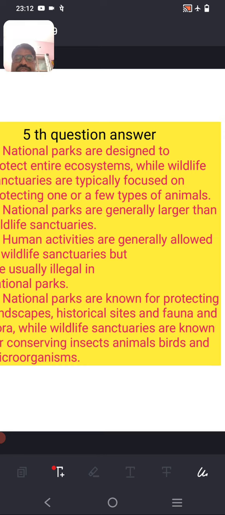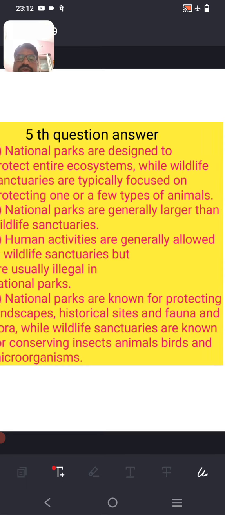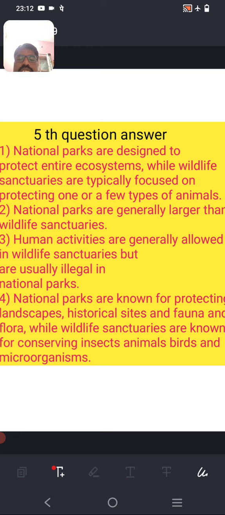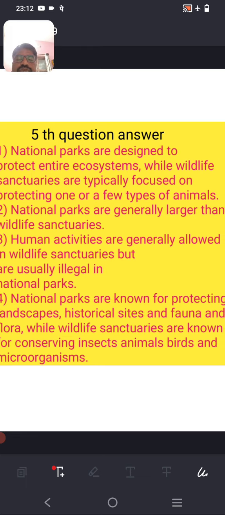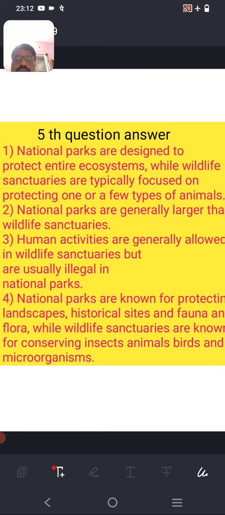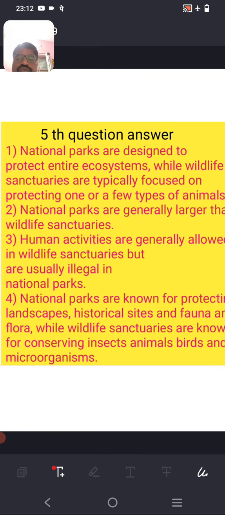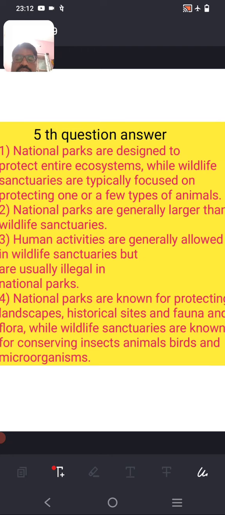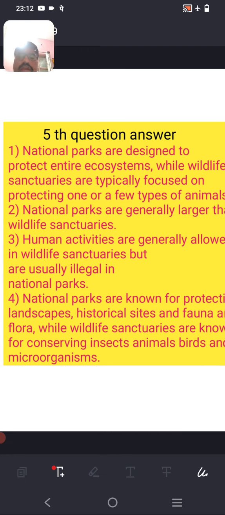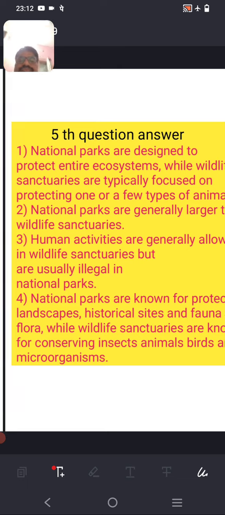The fourth difference is national parks are known for protecting landscapes, historical sites, and fauna and flora, while wildlife sanctuaries are known for conserving insects, animals, birds, and microorganisms.